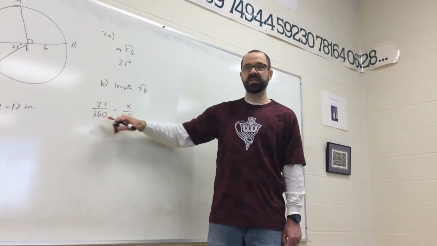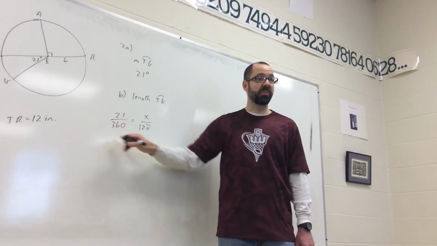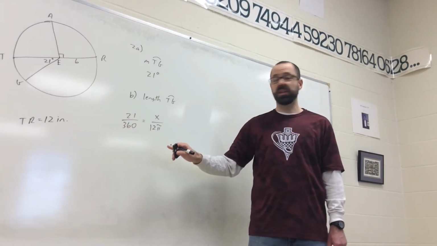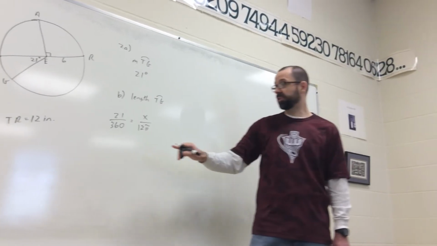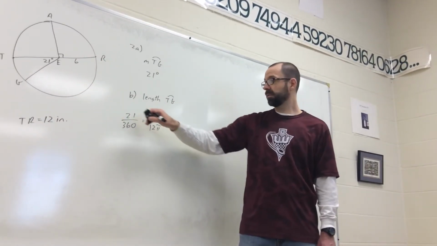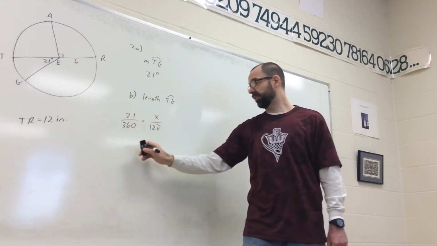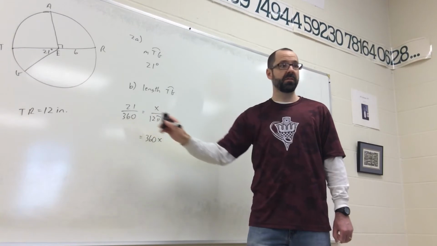But 21 out of 360, we can't do that in our heads. So that's why we're setting up the proportion. And then you can do the cross products. Whenever you solve a proportion, you take 21 times 12 pi, and then 360 times x. So 360 times x, I can do that one.